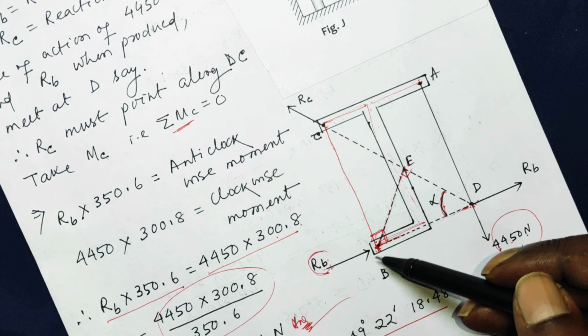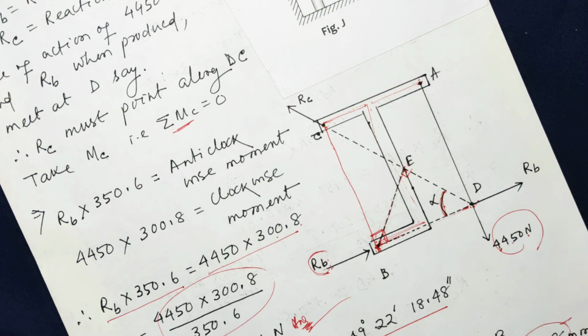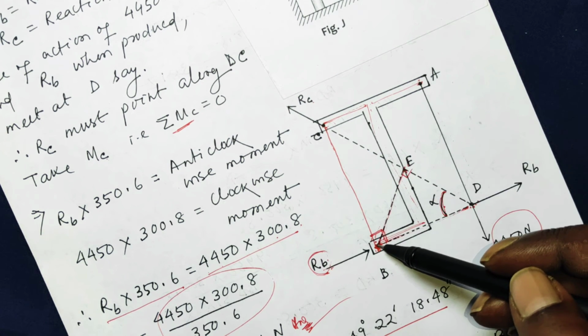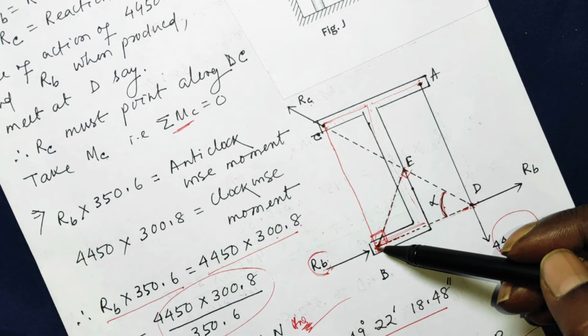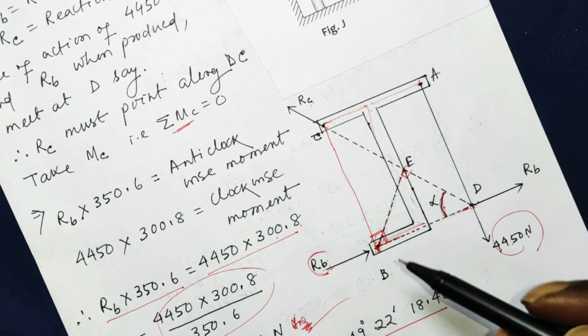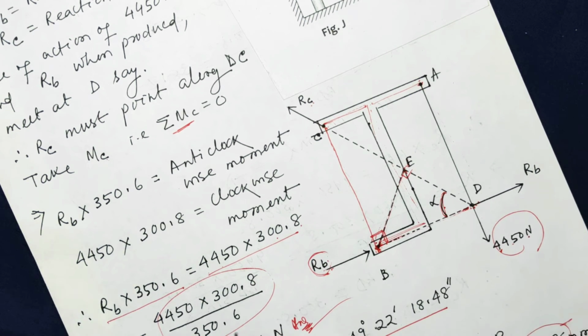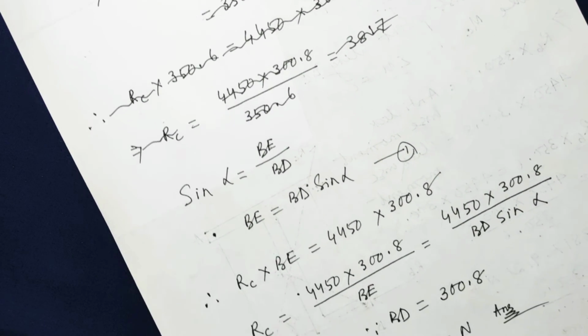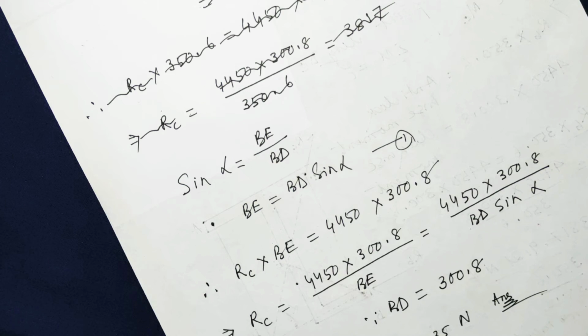That will be the perpendicular distance required to find the moment of the force RC about point B. So let us take sin alpha. Sin alpha will be BE over BD.